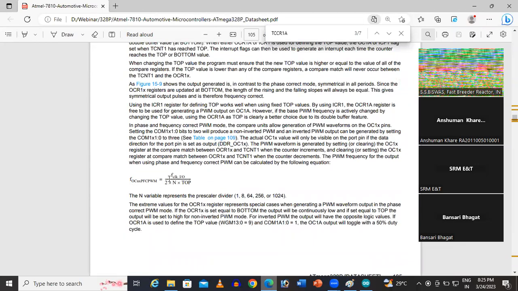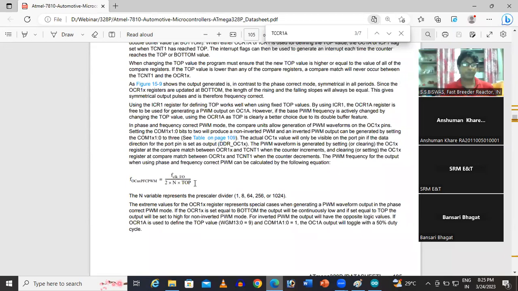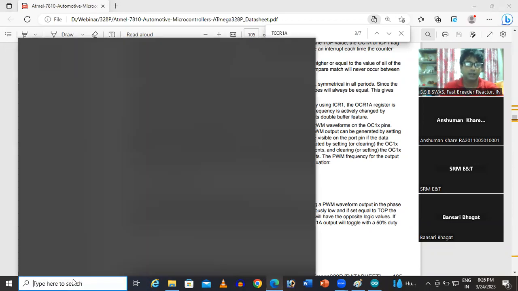The frequency is clock divided by 2 times N times top value, where N is the prescaler. So what is the top value here? From the waveform generation register, we selected mode 3, which means 10-bit resolution. 10-bit means 1024. Our clock is given, and the prescaler we selected is 001, which means 1. So now, what should be the PWM frequency?